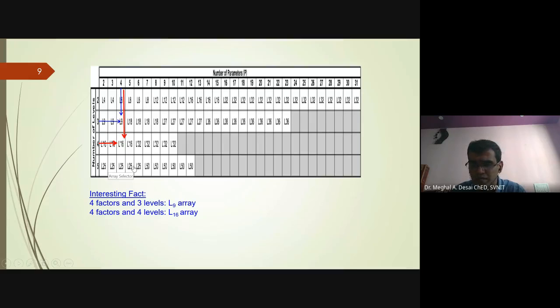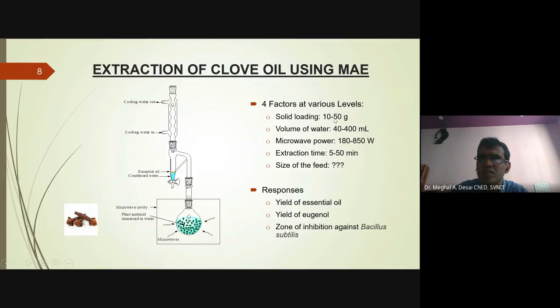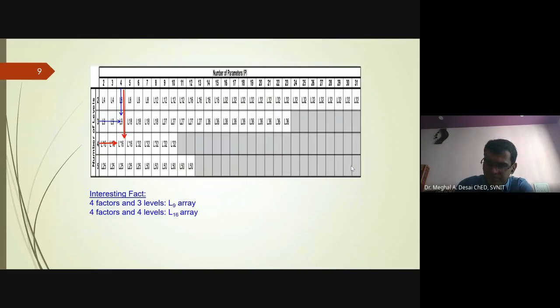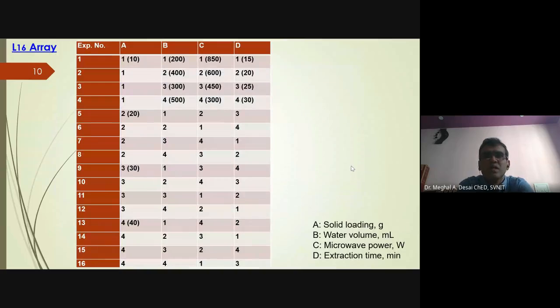So a little difference in one value may affect the outcome to a greater extent. So we decided let us go for higher levels, and that's why it was the L16 array. One more thing, all these values 10, 50, 40, 400 are basically used for parametric study, and then they were refined further for optimization purposes also.